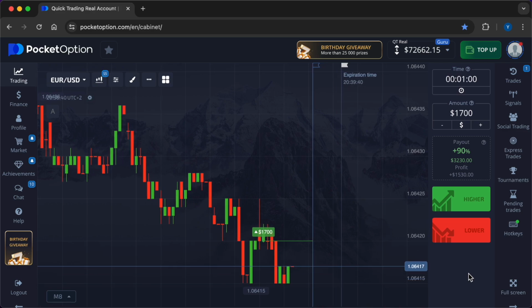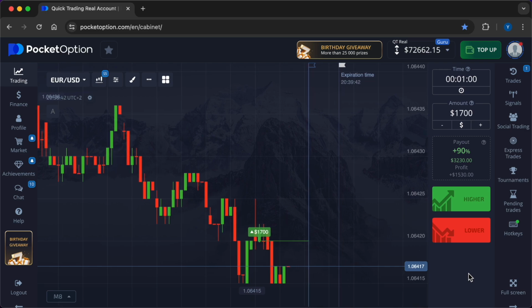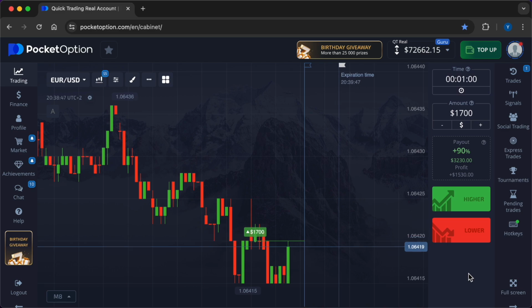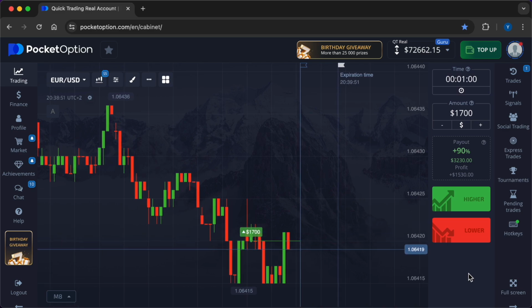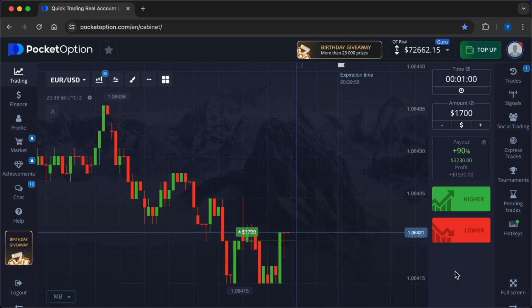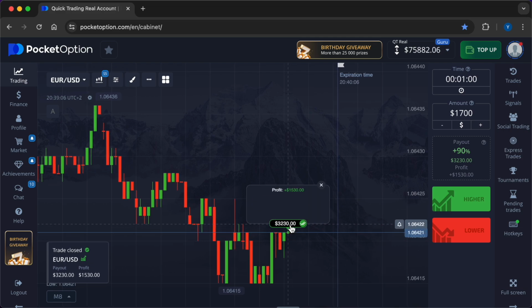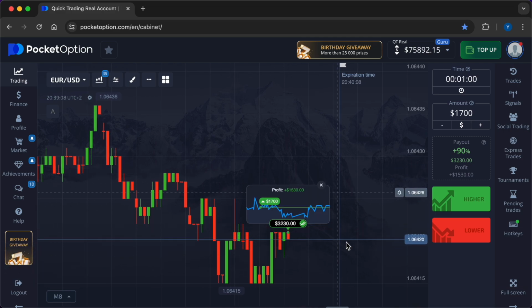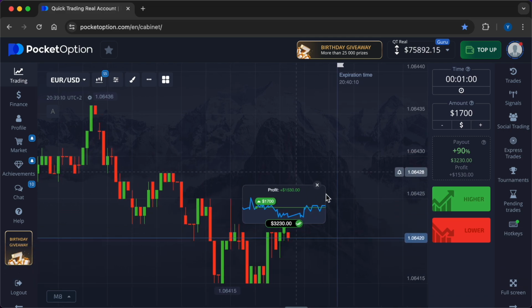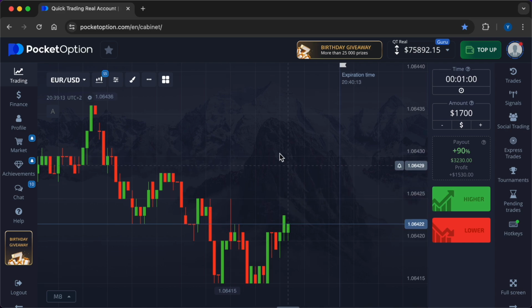News releases can create short-term volatility, hence, traders need to choose expiration times that align with the expected market fluctuations. Some traders place trades on both sides of the market before a news announcement, anticipating movement in either direction. Economic releases can lead to unpredictable market movements. Using strategies to manage risk, such as setting trade sizes according to one's capital, is critical. Sometimes, it's best to wait until the market settles after a news release, as the initial reactions can be erratic and not indicative of the longer-term trend.